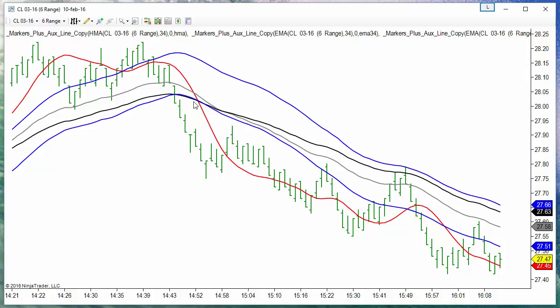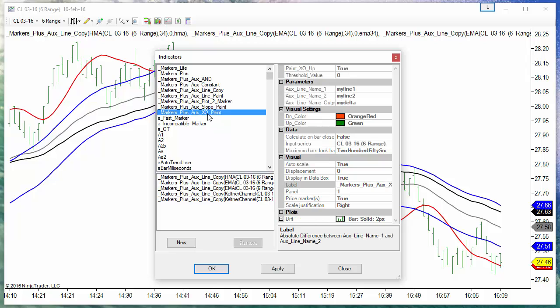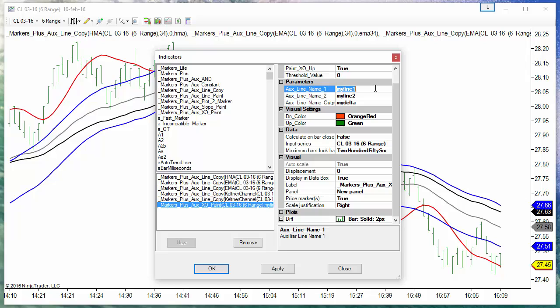First we need to have the distance between the red line and the upper Keltner. So we use the crossover between the red line HMA and the Keltner up.